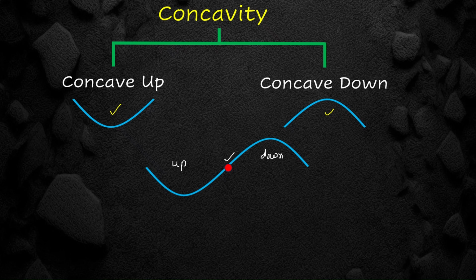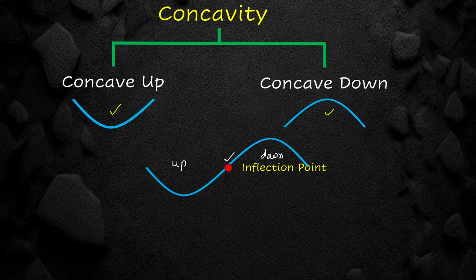So this point is the point where the concavity of the curve is changing. So this is called the inflection point. Here, before this point, the curve is concave up, and after this point, the curve is concave down. So this point is inflection point.